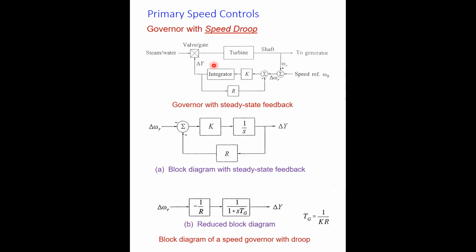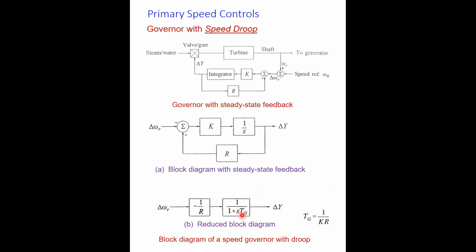So we have modified this. We have represented it here, and then we will modify this block diagram as in this figure. So we have delta omega, and then this is minus and minus here. Here we have 1 by R, so that will be the gain here. And then we have written it in terms of the time constant for the governor.